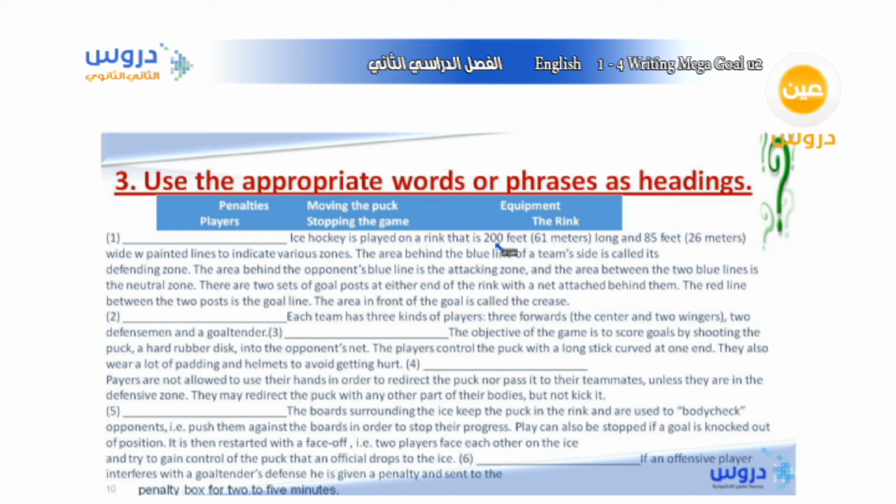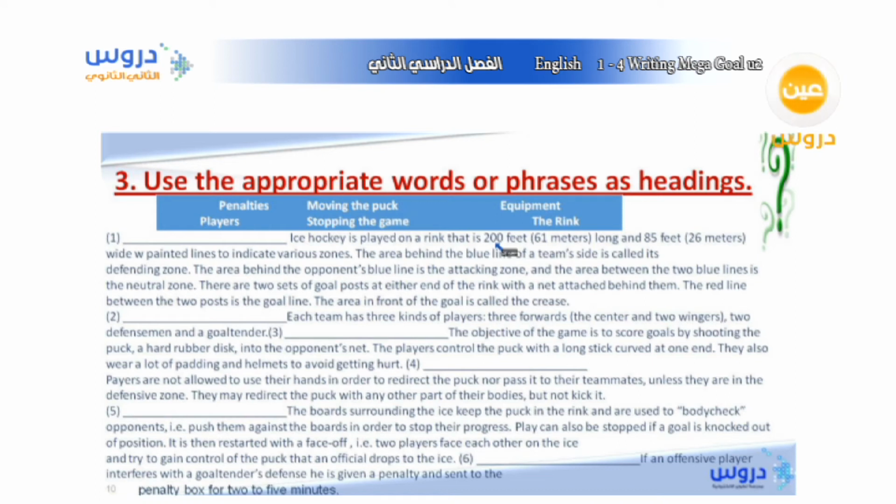About players. Number 3, the objective of the game is to score goals by shooting the puck, a hard rubber disc, into the opponent's net. The players control the puck with a long stick curved at one end. They also wear a lot of batting and helmets to avoid getting hurt. Okay, here number 4.